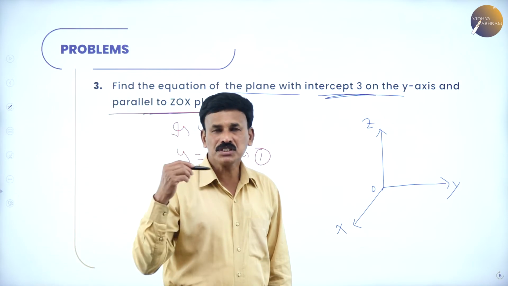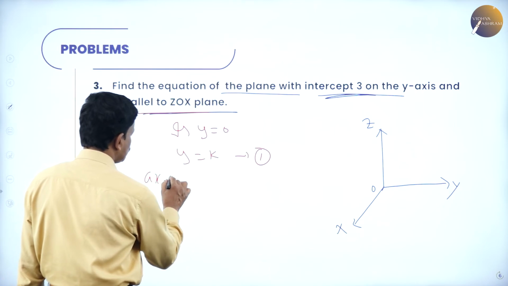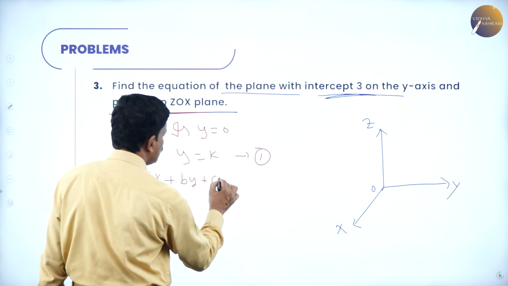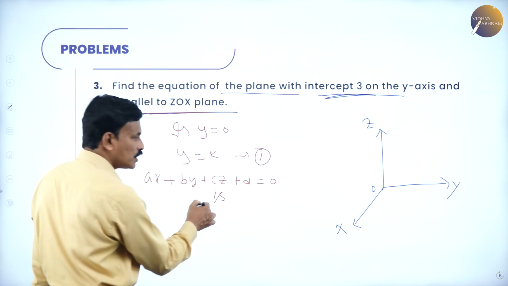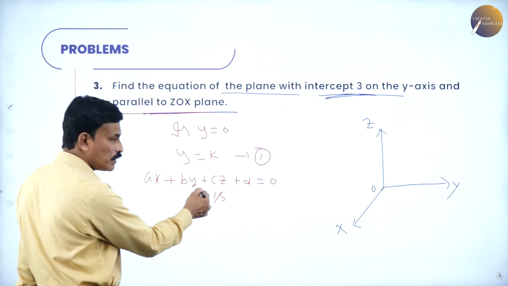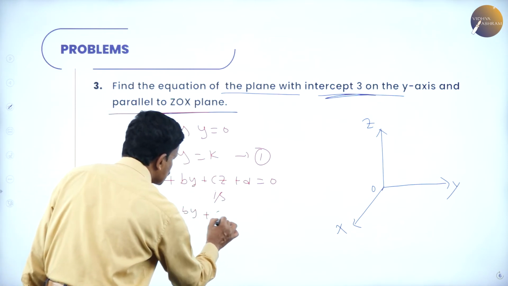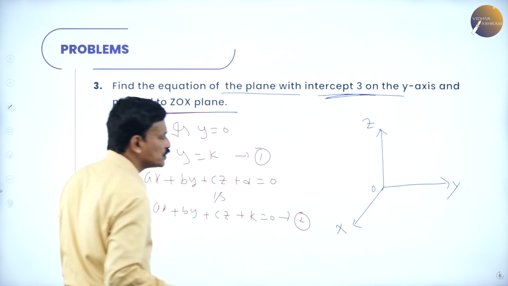The equation of any plane which is parallel to the standard form ax plus by plus cz plus d is equal to 0 is given by ax plus by plus cz plus k is equal to 0. Let us represent this as equation number 2.